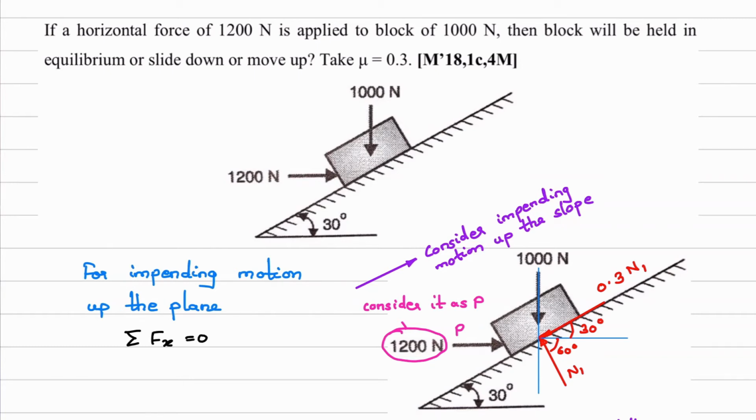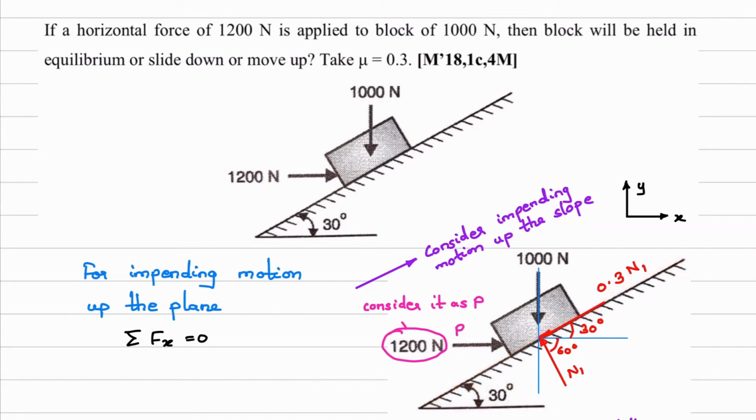This is the first condition of equilibrium. Now we will consider the direction first, the coordinate system. So we are considering this direction as positive x and this direction as positive y. So understand the diagram. This is inclined and this is horizontal. The angle between this is 30 degrees.